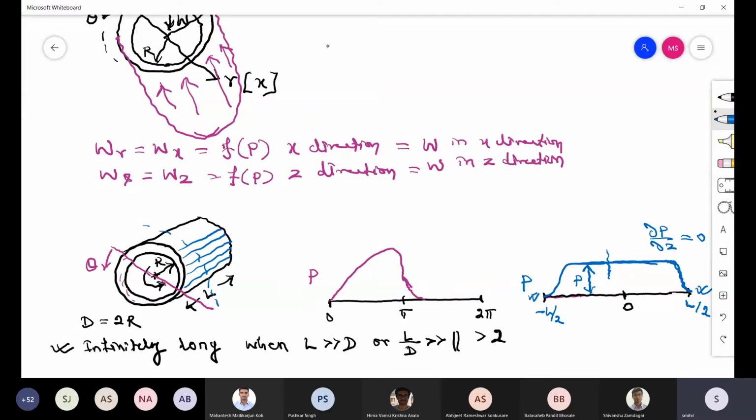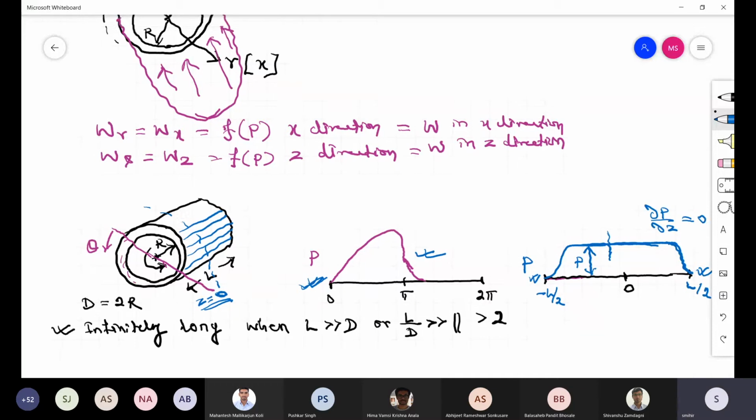Okay, and this pressure whatever plotted here, this is at the center line, Z equal to 0. Okay, because at the end this pressure will also be 0 at the end of the bearing. So any doubt?